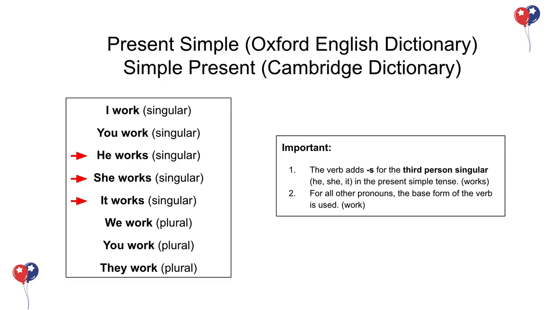Like the k sound, k consonant. And that's why we add the s at the end. And for all other pronouns, I, you, we, you, they, use only the base form, that is work.